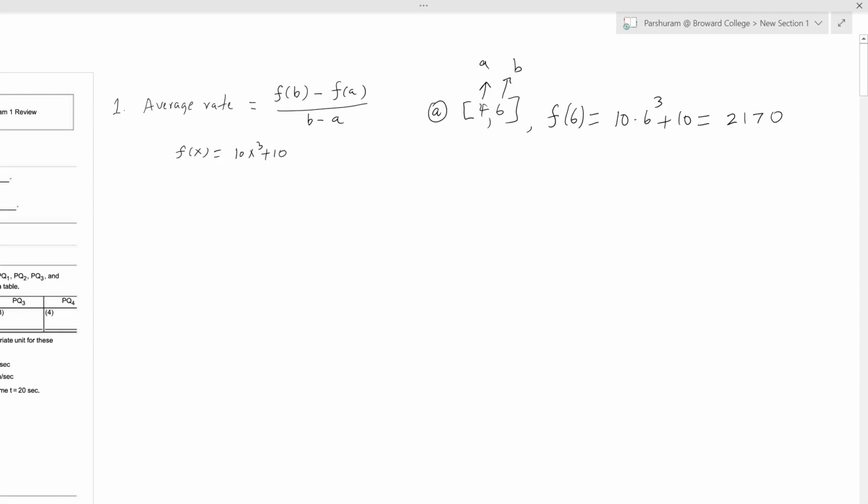And we can do the same thing for f of 4, which is 10 times 4 cubed plus 10, and that is 650.